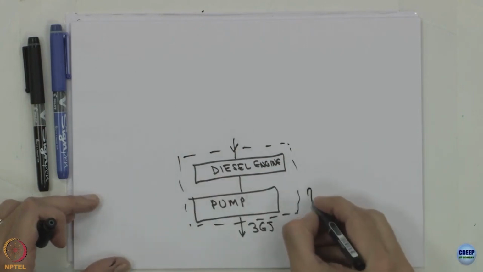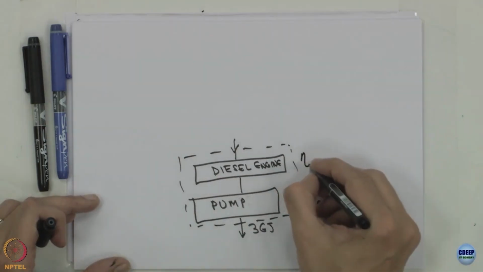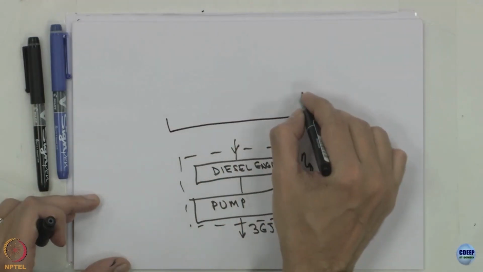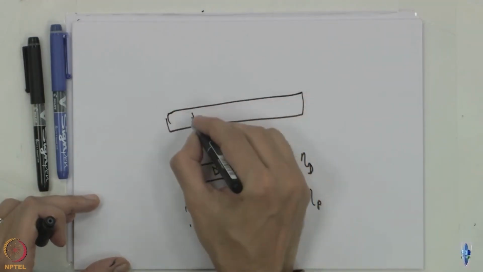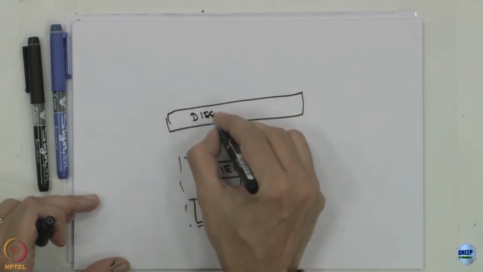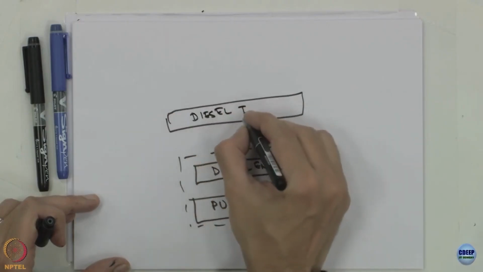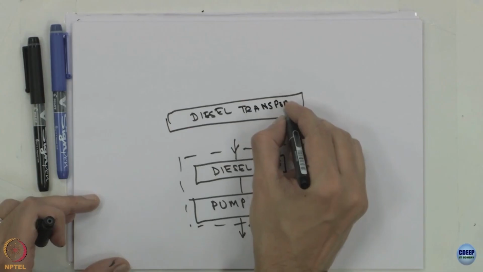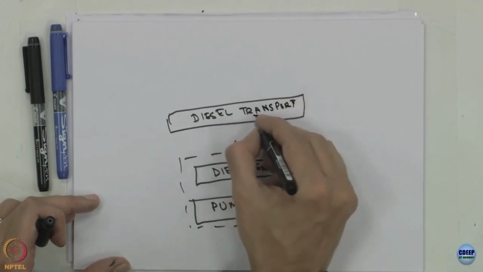We will look at this as eta pump, eta diesel engine, and then there will be the diesel which is being transported, something similar to our diesel transport, TND.